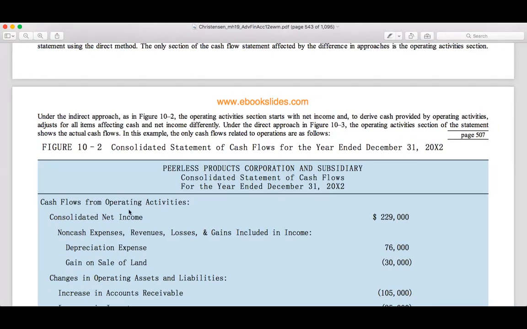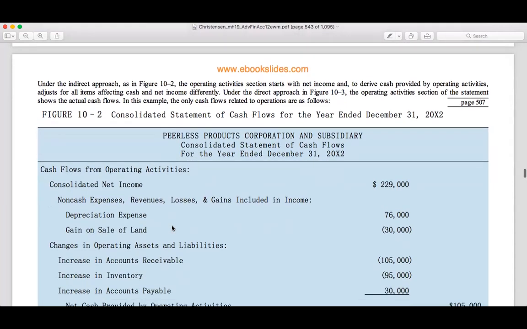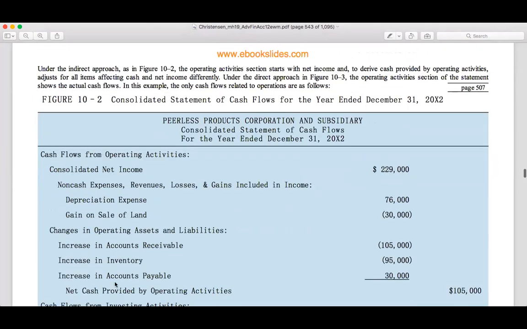In figure 10.2, the operating activities section starts with net income, right, and derives the cash provided by operating activities, and then they adjust all the items affecting cash and net income differently under the consolidated income itself.